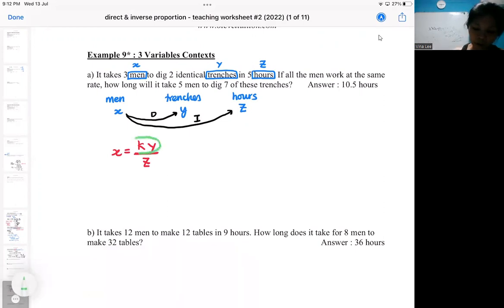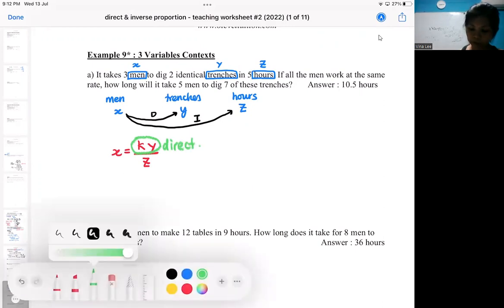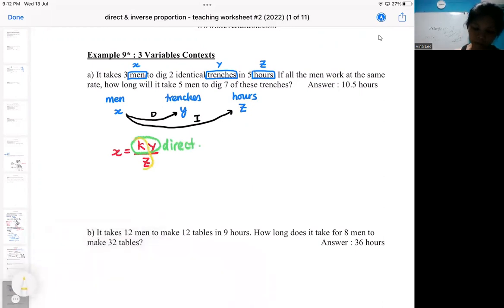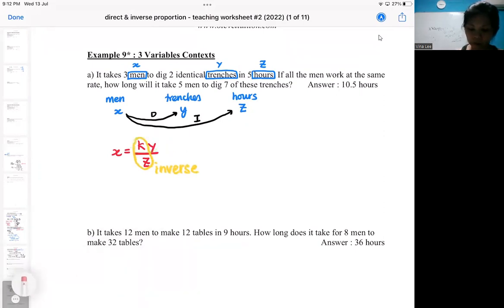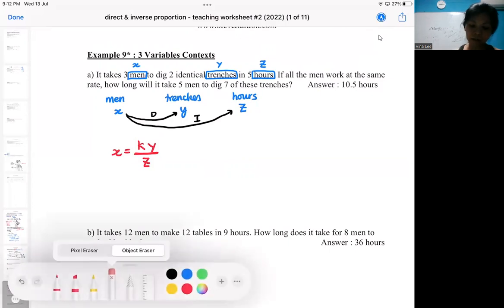If you just look here, this is direct. But if you just look here, this is inverse. So I am combining these two. For the inverse part, we will do the division. After that, I need to find the value of K.